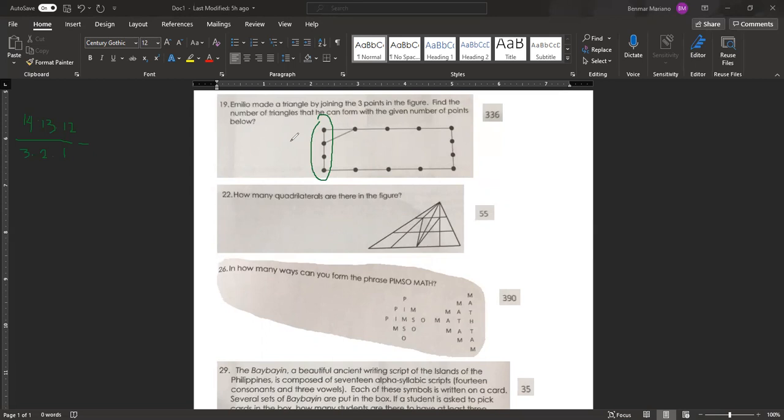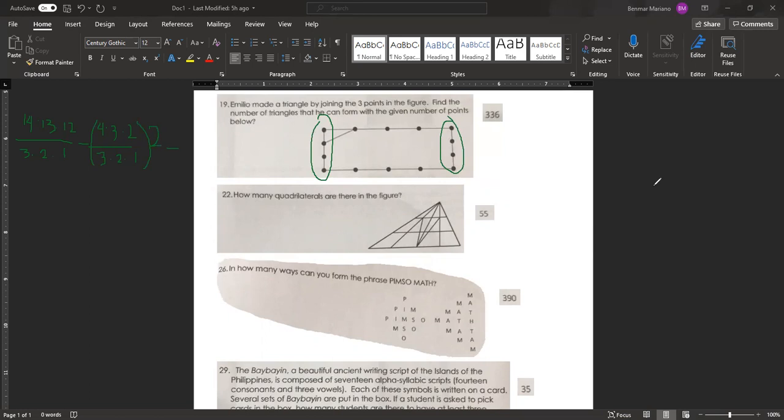It means that out of those 4 points, we will use 3 points. So that would be 4 times 3 times 2 over 3 times 2 times 1. Notice that we have 2 vertical lines, so we need to multiply this by 2 because we have 2 vertical lines. Minus.